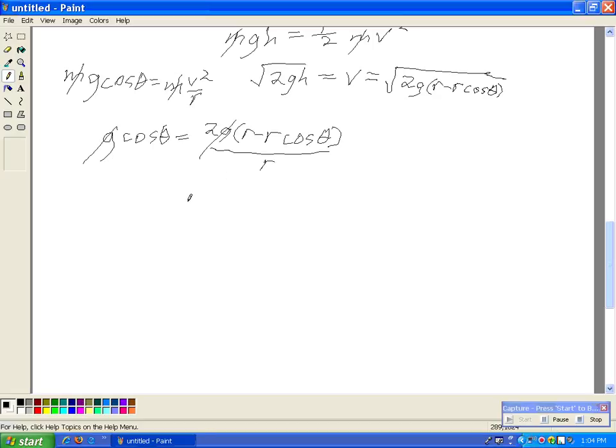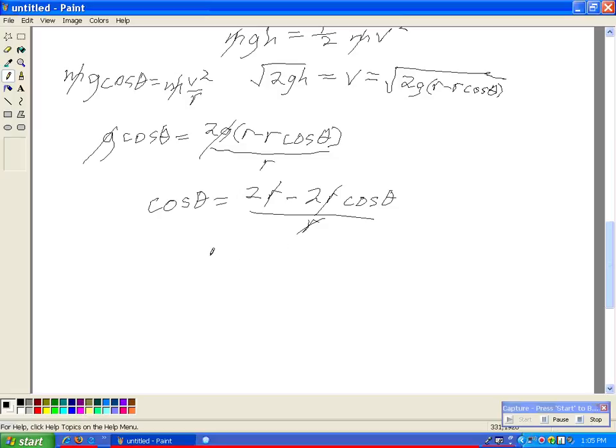Very close to the end. So g cosine theta equals 2g times (r minus r cosine theta) all over r. These r's go.